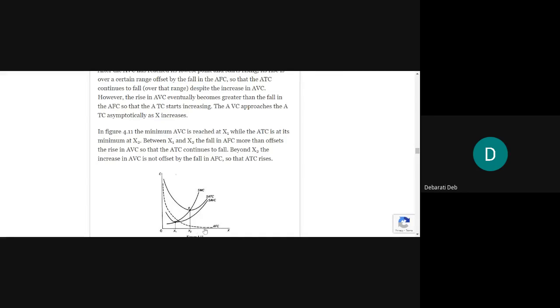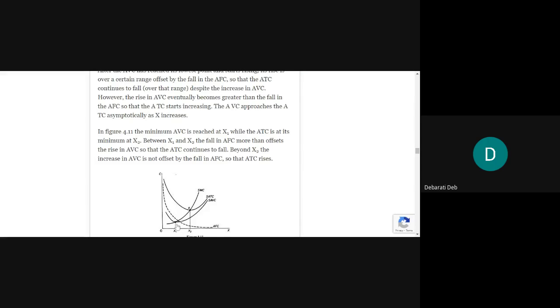Look at the dotted AFC line. Now draw the AFC line also in your graph. After x2, AFC has almost stopped falling because there is no space, otherwise it will move to negative. Negative is not possible, so it will be positive, but it will not fall sharply as it was falling at the beginning.